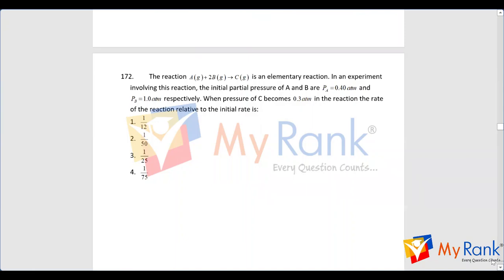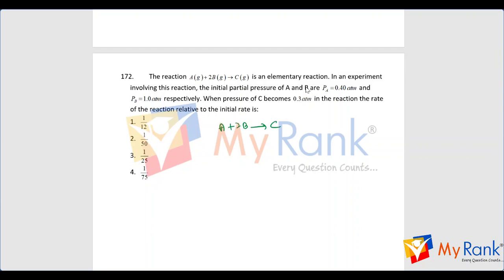The next one is question number 172. The reaction A plus 2B gives C is an elementary reaction. So the order with respect to A is 1, and with respect to B is 2.